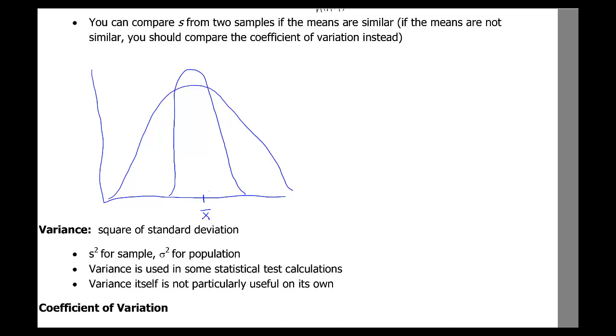And the standard deviation is how spread out the values are away from the mean. So if we call this one sample 1, and this one sample 2, the standard deviation, I'm just going to write ST DEV for standard deviation, is going to be larger for sample 1 than it is for sample 2.